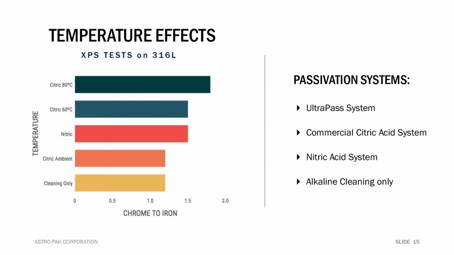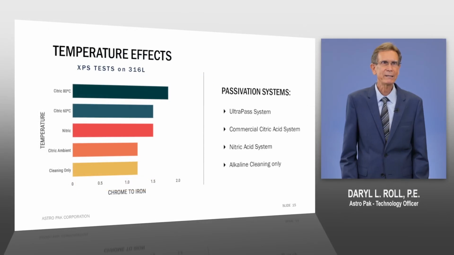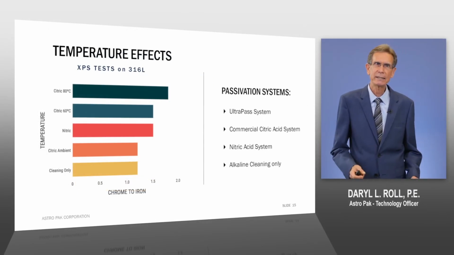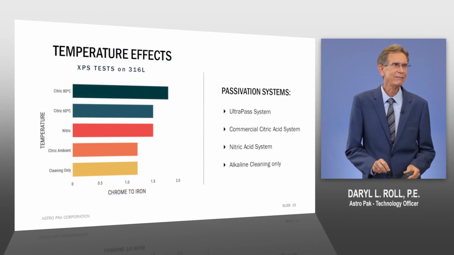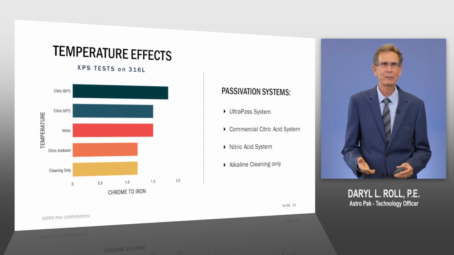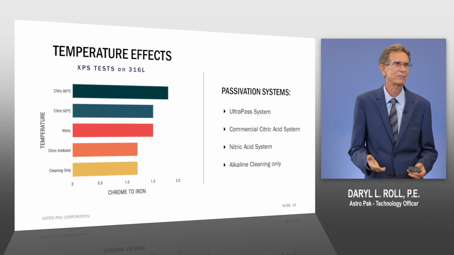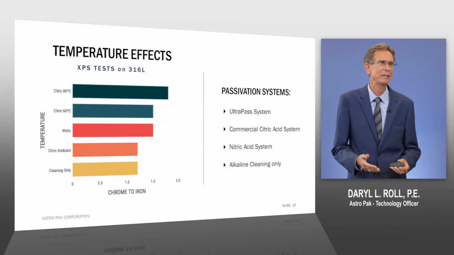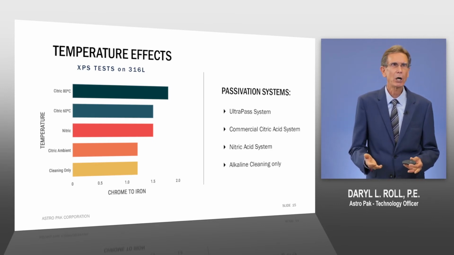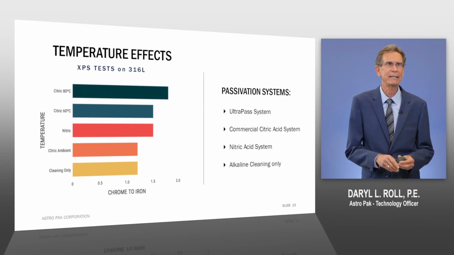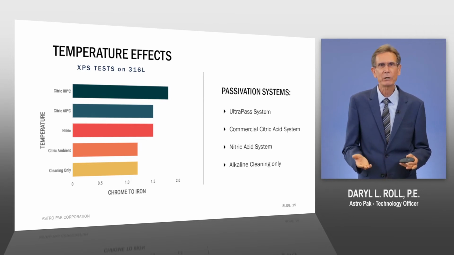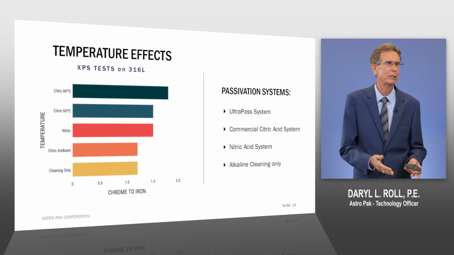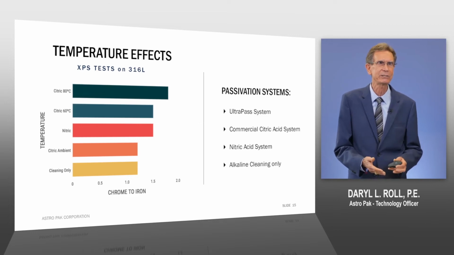the passivation chemistries. One of the things that you'll note is that the effectiveness of these processes depend on the conditions that they're utilized. So for instance, with citric acid, if we use it at ambient, the results are nothing better than cleaning. We see that the chrome to iron ratio is about 1.2 for cleaning only, followed by oxidation.